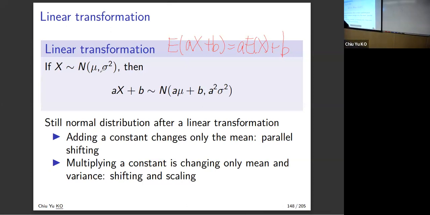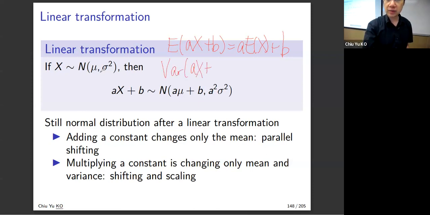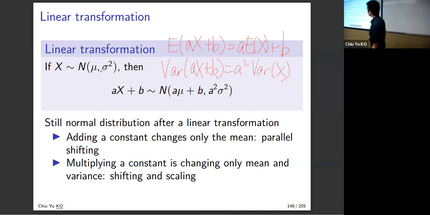So this is mu, so you get this. Variance, the same idea: if you still recall, the variance of aX plus b is a square times the variance of X. So if these are known, what's new here? The new here is saying the following.